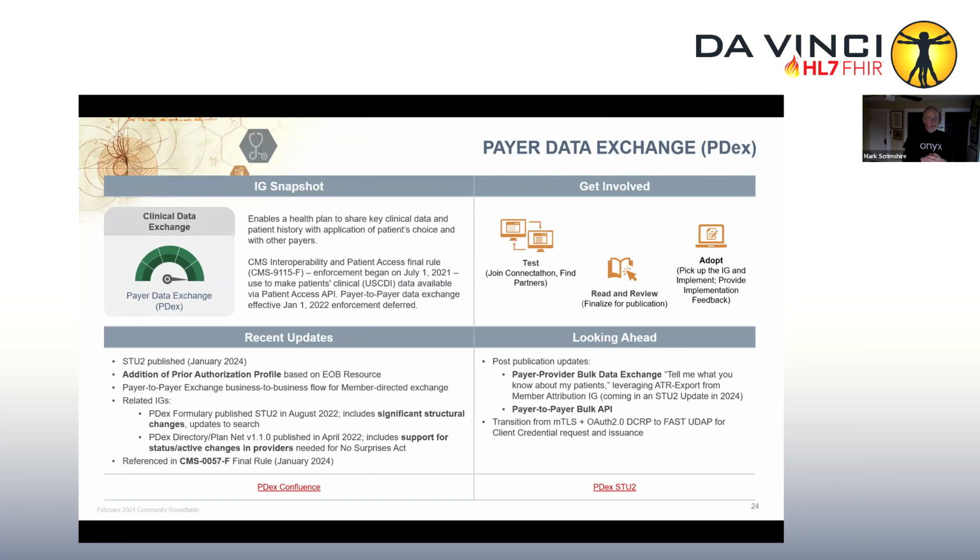And that really meets the scenario where a member moves from one plan to another, and they'll be able to offer up their prior plan information, so their subscriber or member ID and the plan that they were a part of, to their new plan, and basically say, yes, I want you to go get my data.